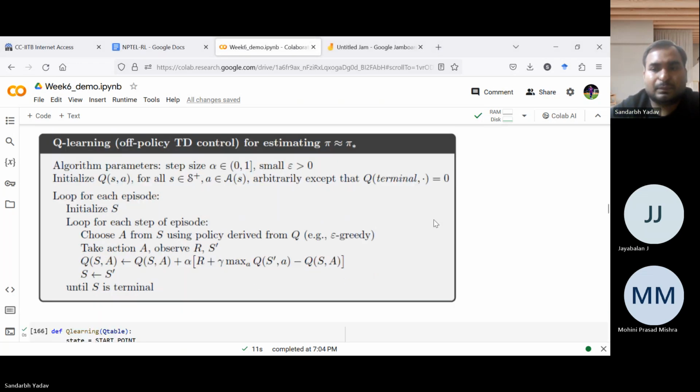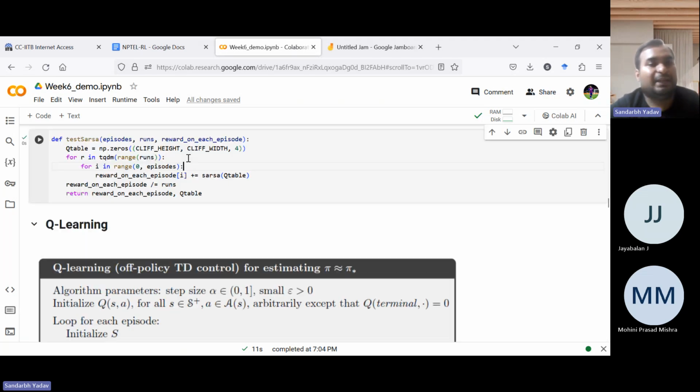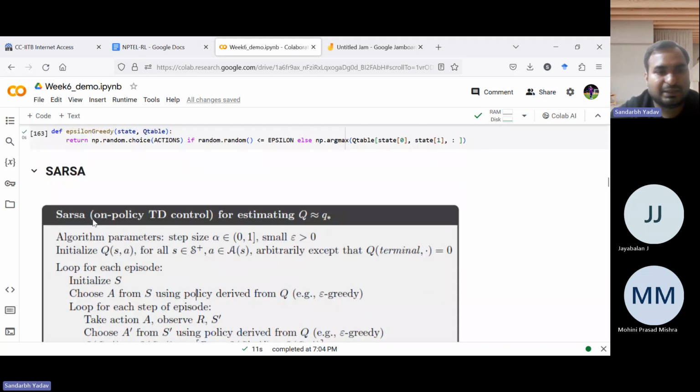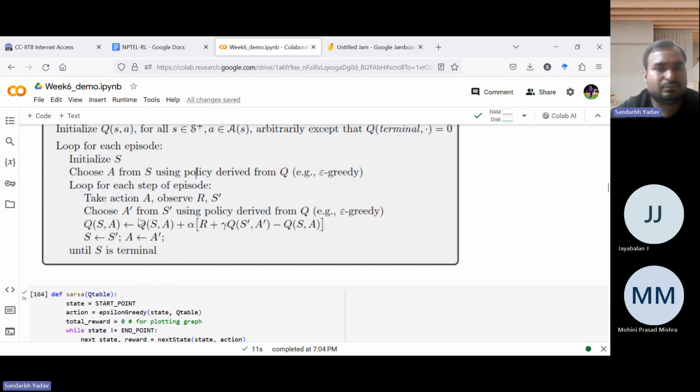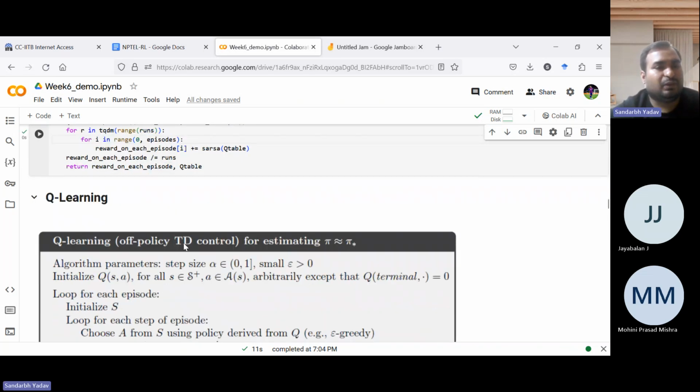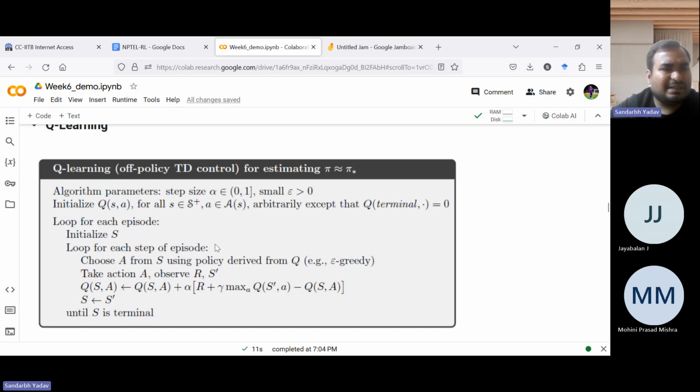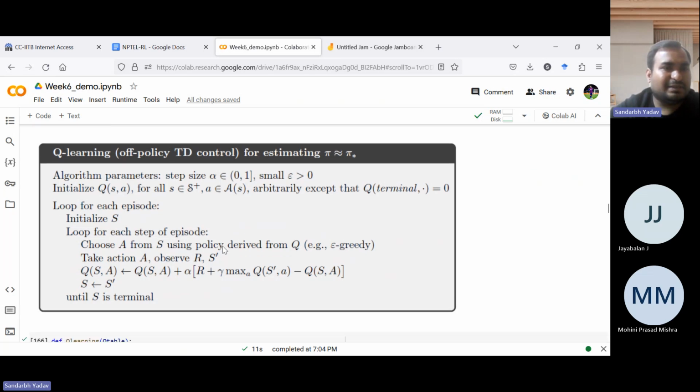Welcome. Q learning is, I think I forgot to mention, SARSA is on policy, you already know it. And Q learning is off policy. So there are some differences here, the same ones as discussed in the class. Here we have already initialized the step size, basically the learning rate, as 0.5, epsilon, the exploration factor, as 0.1.